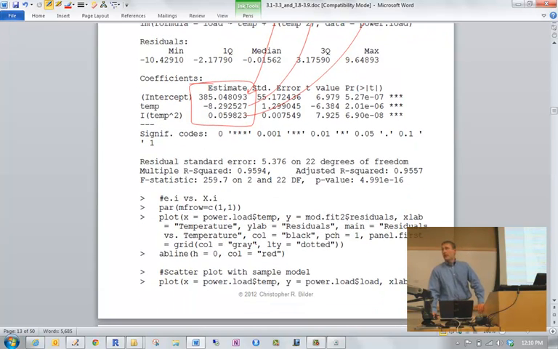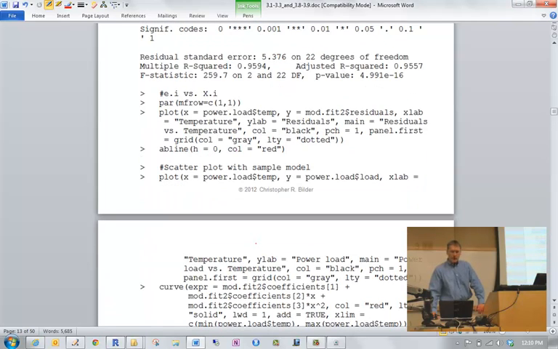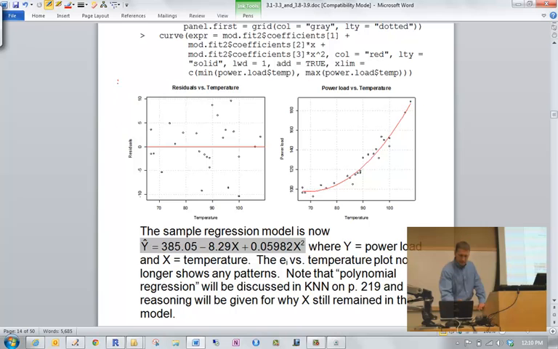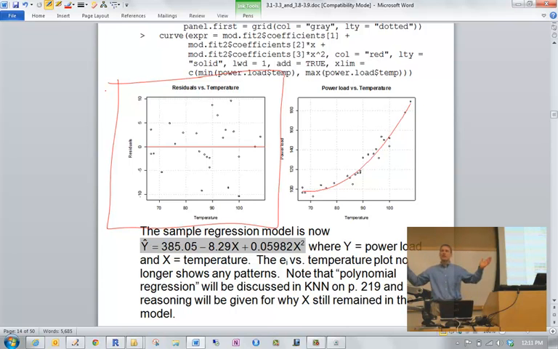Now with this model, we plot the residuals again versus X. This is what we get. I take the same code that I did before, but now I have mod.fit2 $ residuals. Notice it's a random scattering. When you see something like that, you should smile because that means everything's okay.